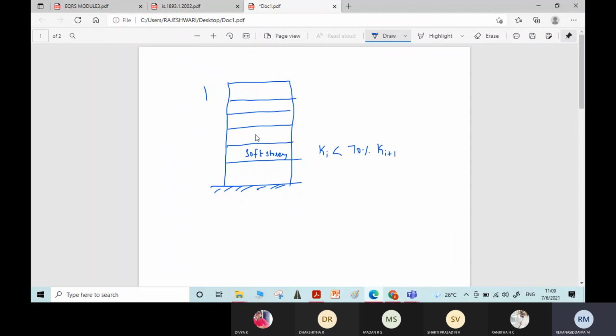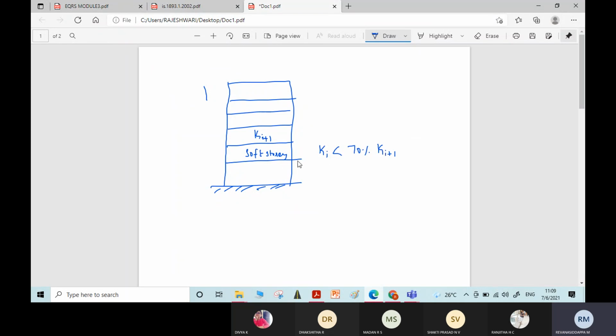That means the lateral stiffness of the upper floor or neighbor floor. It is assumed as a soft storey when its lateral stiffness K is less than 70% of the lateral stiffness of the upper floor or the neighbor floor.